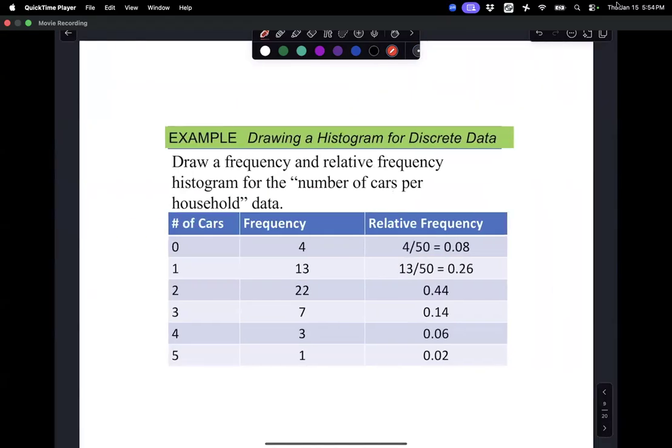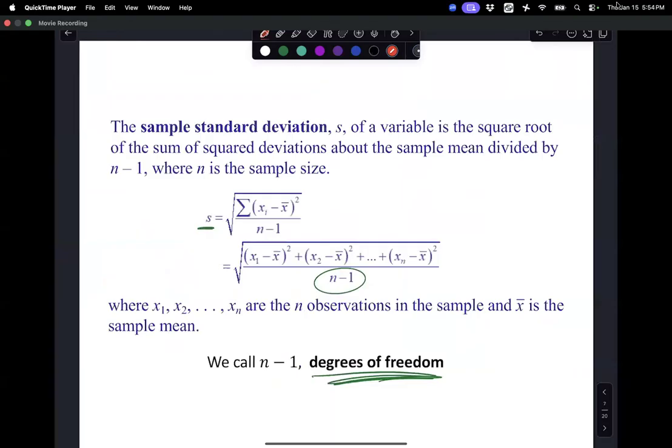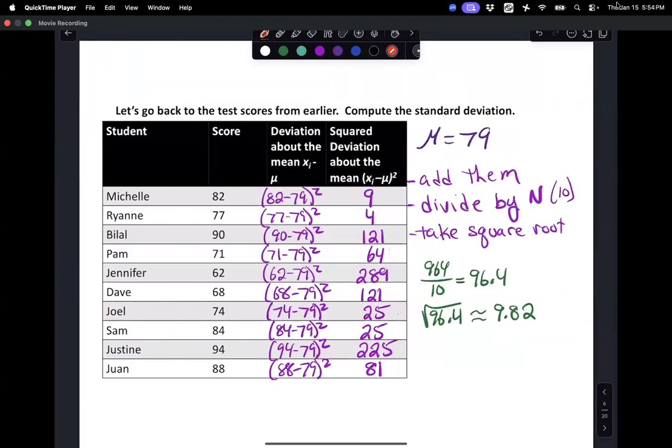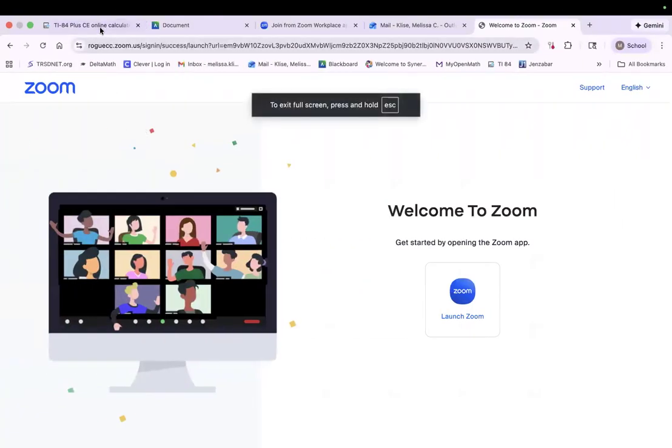What we're going to do now is I'm going to show you how to use your calculator. Let's use the student data right here. So everybody pull out your fancy schmancy. I'm going to go to my screen that has my fancy schmancy on it.